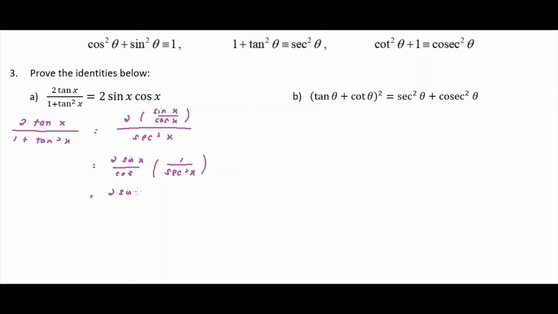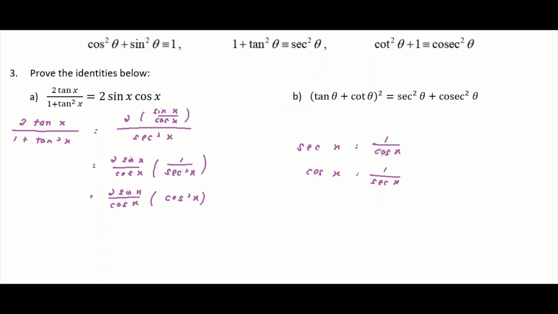2 sine x over cos x. We know that secant x is 1 over cos. So 1 over secant gives you cos again. Can you get the idea? If secant x gives you 1 over cos x, that means cos x is 1 over secant x as well.